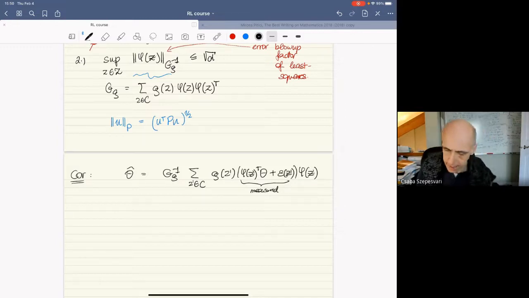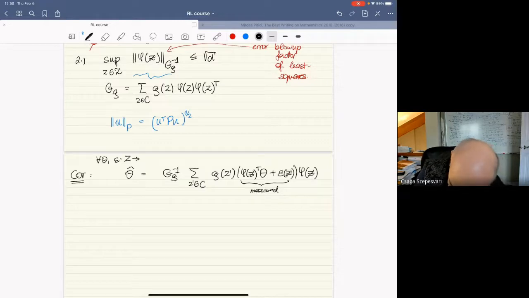So take any theta and take any epsilon which assigns some values to elements of Z.